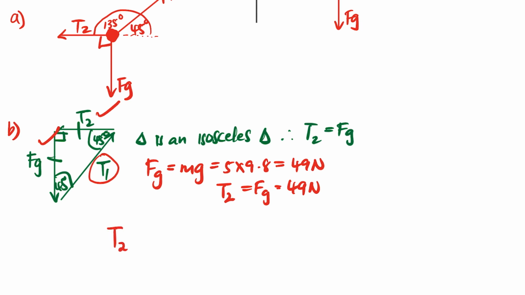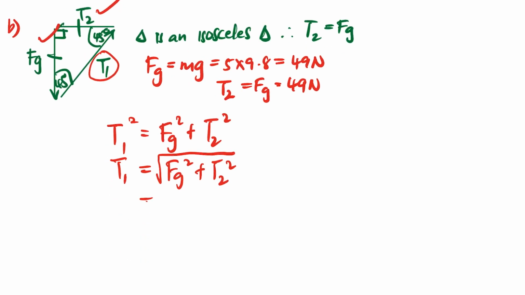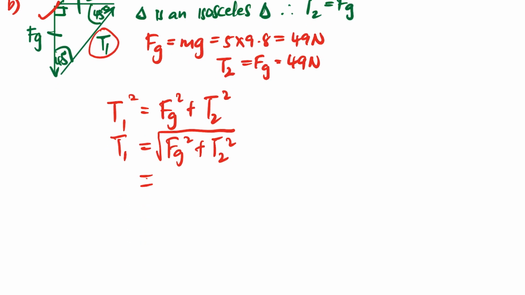So we'll say T1 squared is equal to Fg squared plus T2 squared. We'll use the theorem of Pythagoras in order to calculate that. So T1 is the square root of Fg squared plus T2 squared, right?